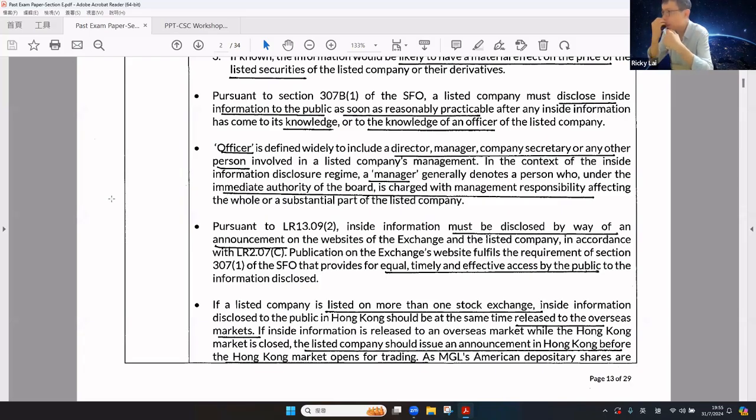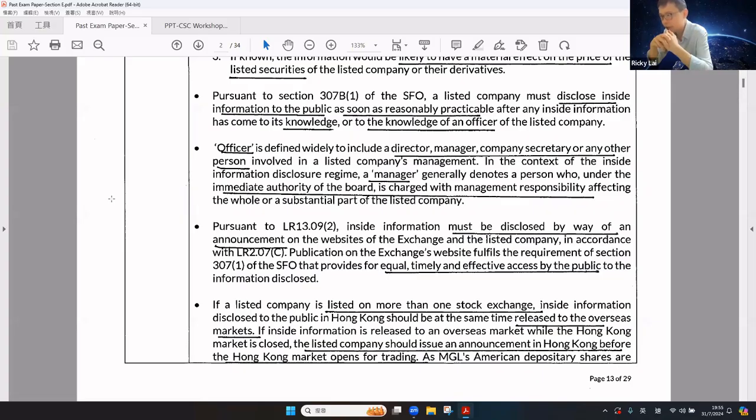Since the company's shares are not only listed in Hong Kong, the company also issues ADRs in the Nasdaq stock market. Since the company has shares listed on more than one stock exchange, inside information disclosed to the public in Hong Kong should at the same time be released to the overseas market.